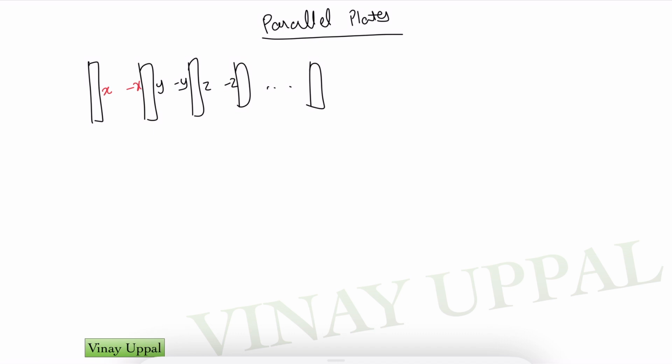So can you see that if I add up all the charges, I will only be left with the outer charges of the outermost plates. Everything else will add up to be 0. And these charges on the outer surface of the outermost plates have to be equal, so that they will cancel out the field inside each plate. We are assuming long plates, so we can use the field due to an infinite sheet here.